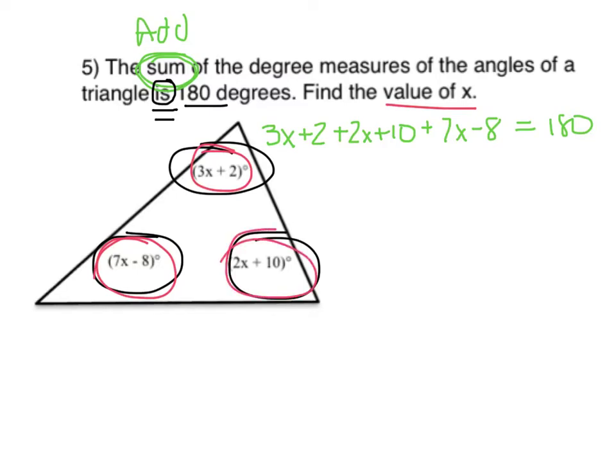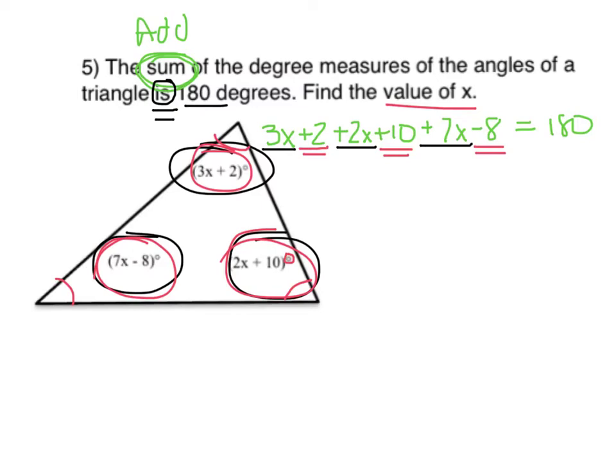So notice those are the three different angles that I'm getting from this triangle. Notice it says degrees. That little circle right there means degrees. So that's how I know it's an angle that I'm talking about. And it's going to add up to 180 degrees. So all I'm really doing here is looking to combine like terms, and then we'll figure out what x is. So I'm going to underline the 3x, the positive 2x, the positive 7x. I'm going to draw two lines underneath the positive 2, positive 10, and the negative 8, because those things combine.